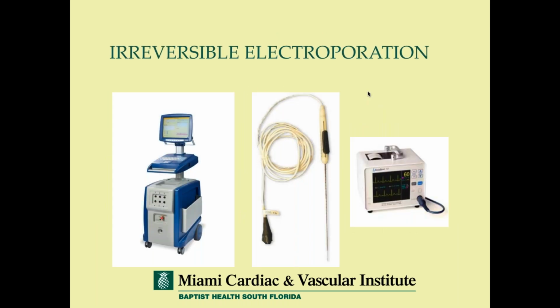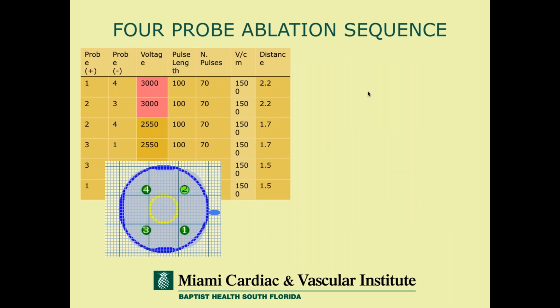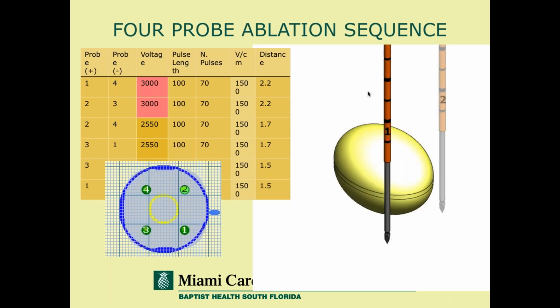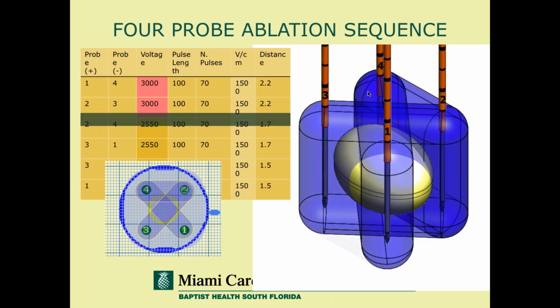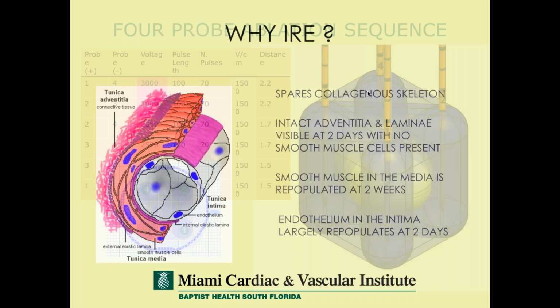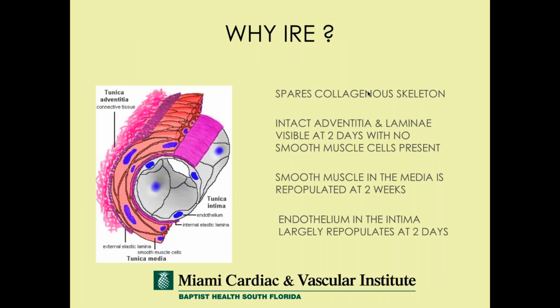Again, with IRE, you're using very small electrodes and are able to create an array with them. And once you're able to create an array, you're then able to create a very systematic form of ablative therapy back and forth, and create a whole area of ablation in a very subtle manner.